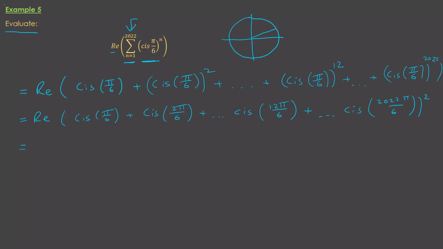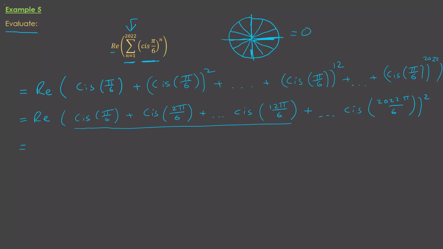And you'd have cis pi by 6, cis 2 pi by 6, 3 pi by 6, 4 pi by 6, 5 pi by 6, 6 pi by 6, 7 pi by 6, 8 pi by 6, 9 pi by 6, 10, 11, 12. And because of the symmetry here, if we think of them as vectors, that's going to be equal to 0. So these ones up to 12 are 0. And then by the same token, the ones from 13 pi by 6 through to 24 pi by 6 are going to be 0 as well.